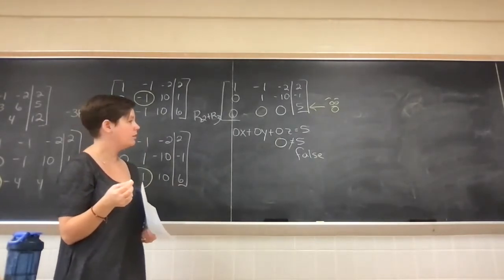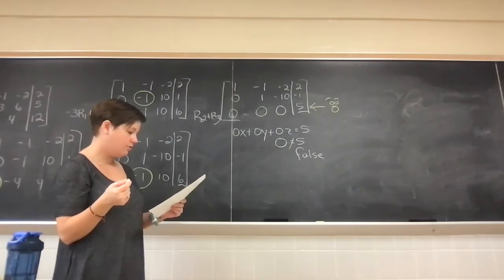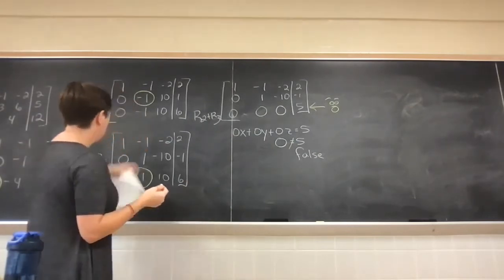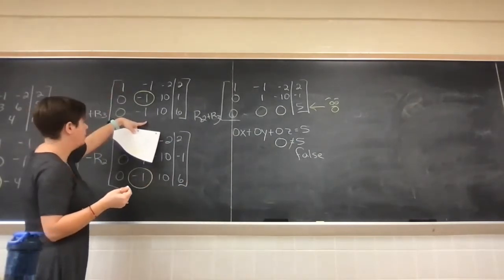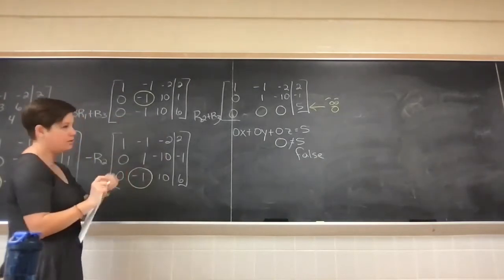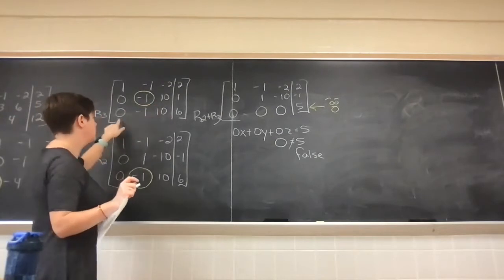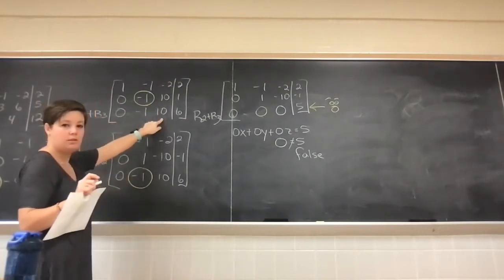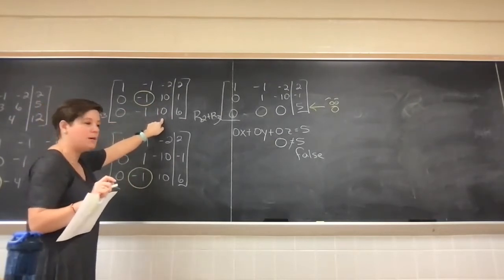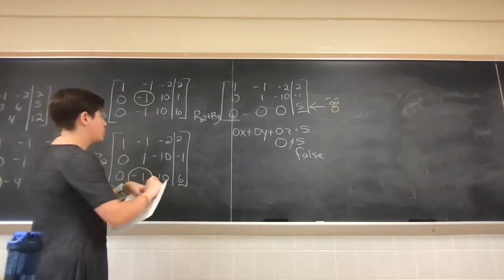Because that's false, this is an inconsistent system. It doesn't work. And we kind of knew that actually back over here in this step. If you notice, we had 0, -1, 10, 0, -1, 10. Well, remember, when you're dealing with matrices, you're able to write those as equations.